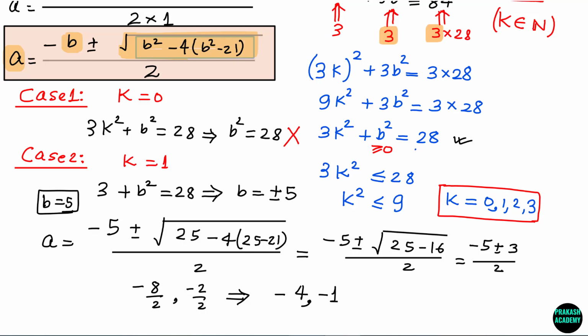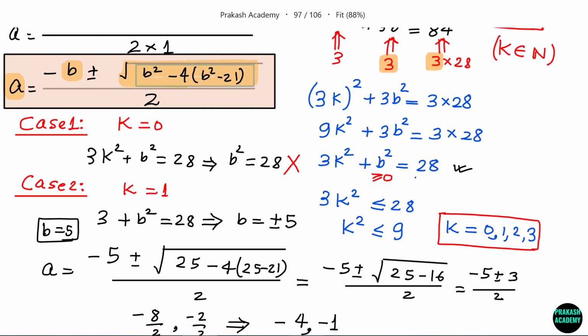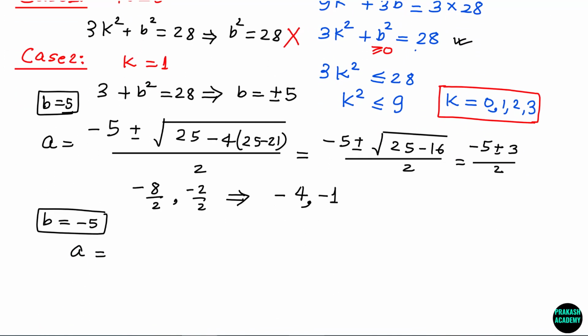Now if you take b is equal to minus 5, what will happen? In this case you again use the same equation, only the change will come at this place. This will become minus of minus. So you see this equation here, this is minus b, so minus of minus will become plus b, so this will be plus 5 and the rest of the thing will remain as it is.